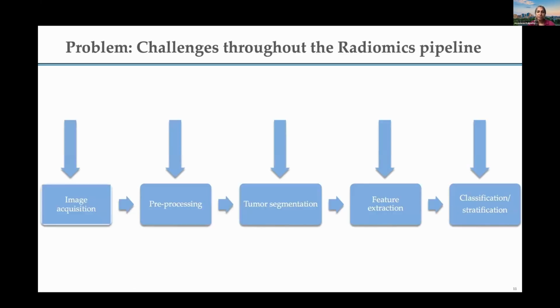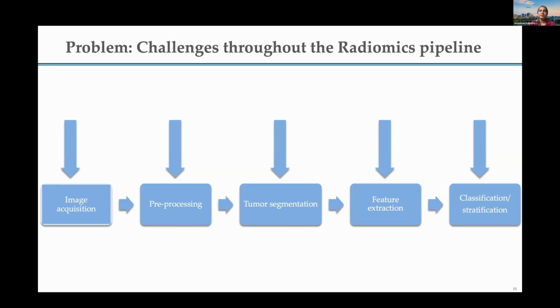Of course, there are challenges throughout this workflow. So for instance, changes in how you acquire the image and how you reconstruct the image can change the appearance of it, and the features might not be robust to these sort of differences. How you pre-process the data, for instance how you bin the histograms before you do your feature extraction, can be different.